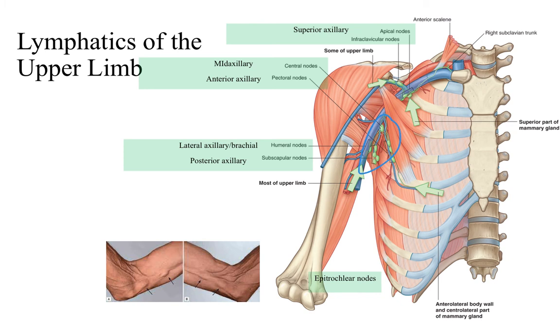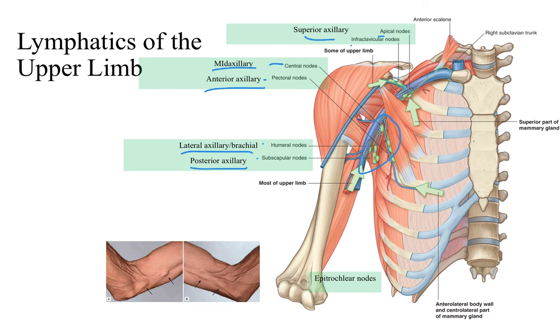So you notice that there are all of these axillary lymph nodes within this axillary region, and they are divided into posterior axillary, lateral axillary or brachial lymph nodes, anterior axillary, mid-axillary, and these are alternative names for them, humeral nodes, subscapular nodes, and then superior axillary nodes, apical and infraclavicular.